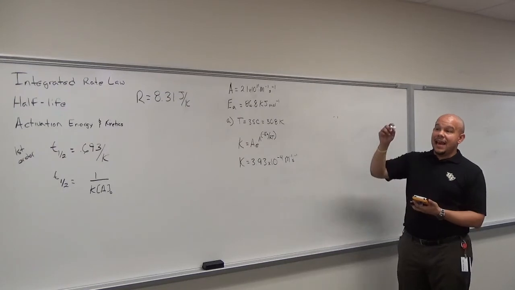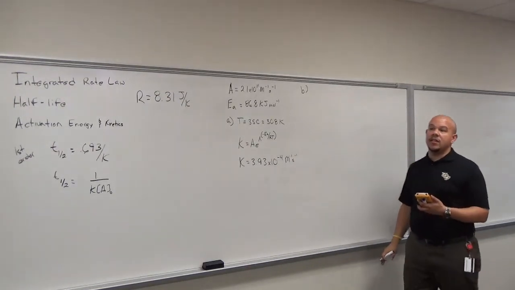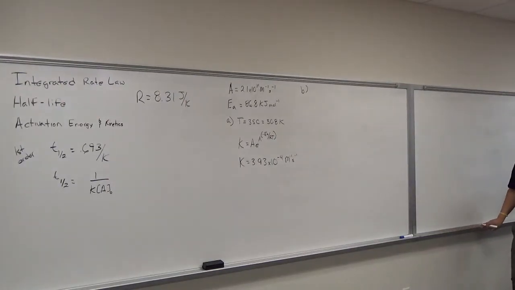All right, now part B, a little bit more nitty gritty, right? They ask us, given two solutions made up by dissolving these into solutions, and we have equal volume, and assuming the reaction is first order in each reactant.